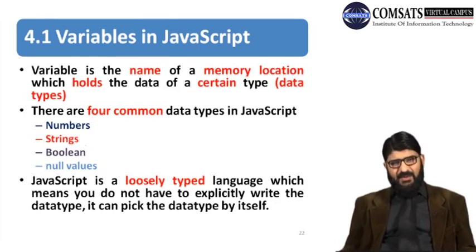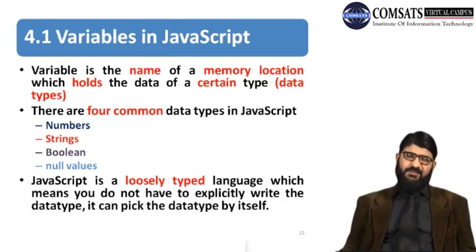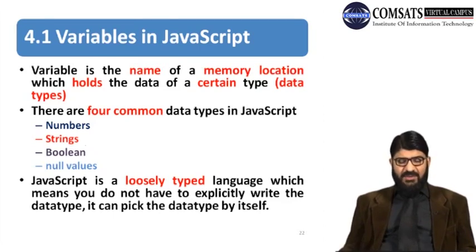For example, it can contain string data or number data and so on. The four most common types of data in JavaScript are: the first one is number data, like 0, 1, 2, 3, 4. Then string data, for example, Ali 09, it's a string. And then Boolean data and null values.